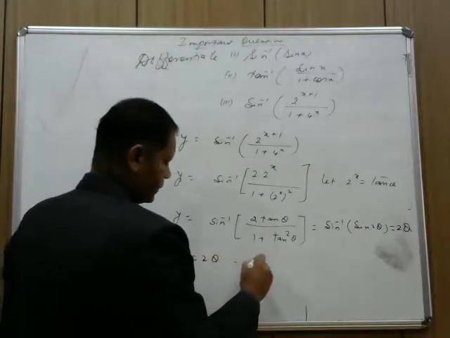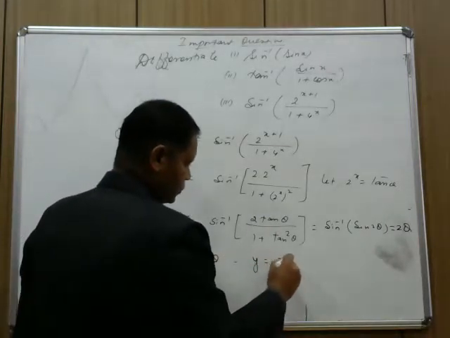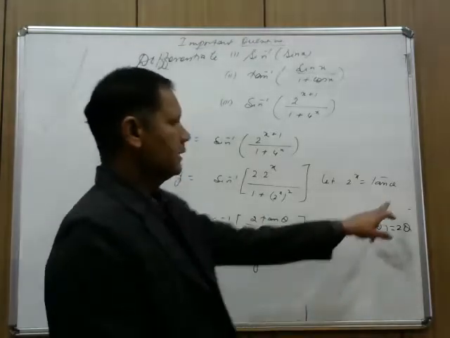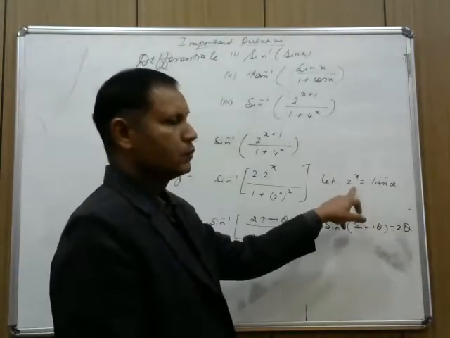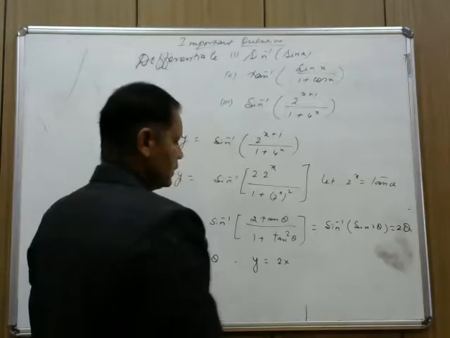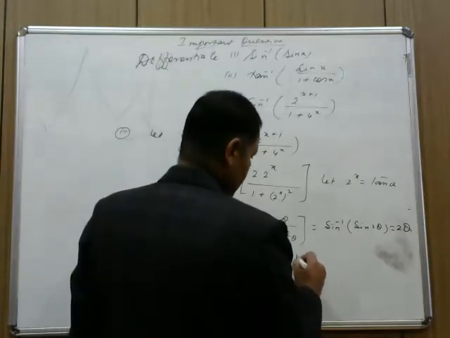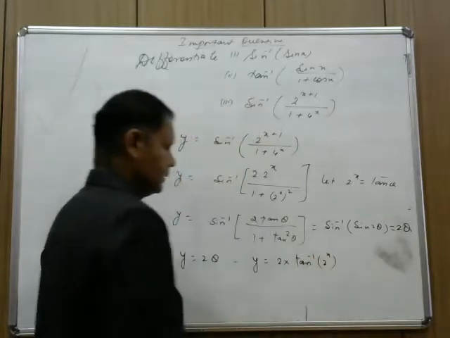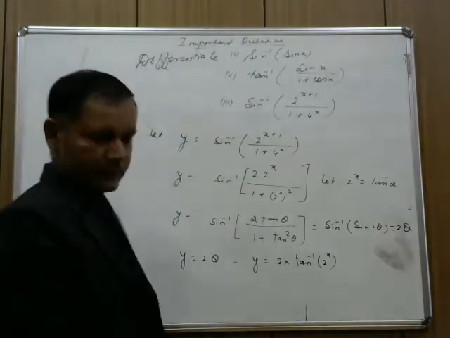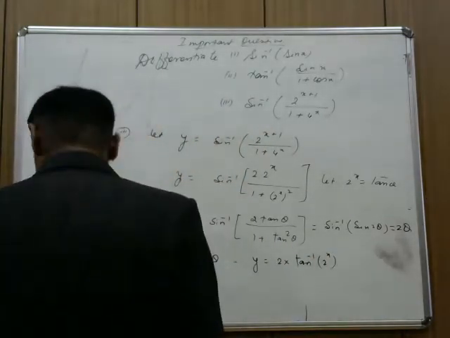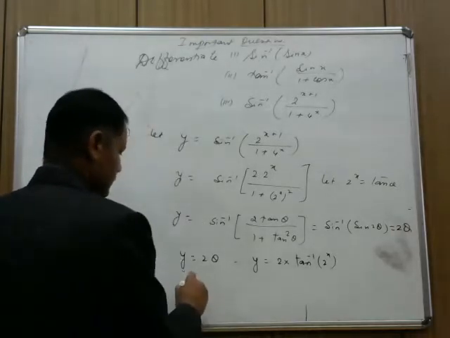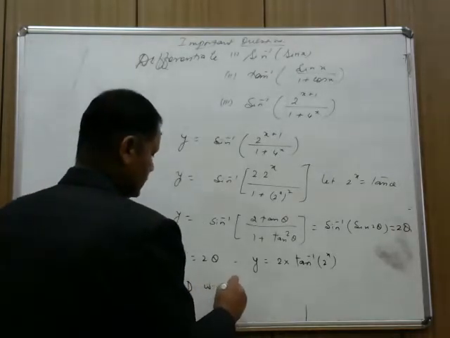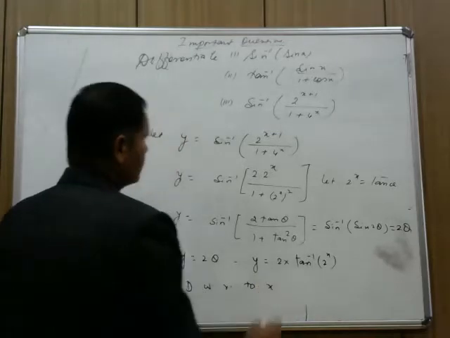It implies that y is equal to 2 into theta, and the theta I have taken, tan theta is equal to 2 to the power x, therefore theta is equal to tan inverse 2 to the power x. And now we will differentiate it with respect to x.